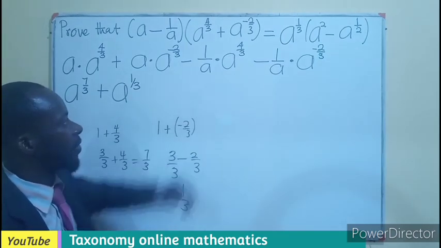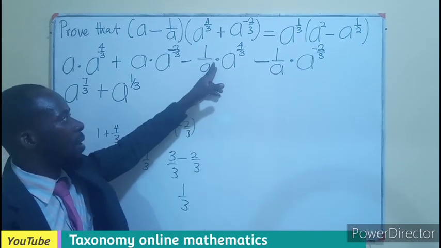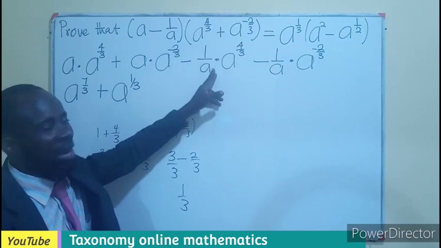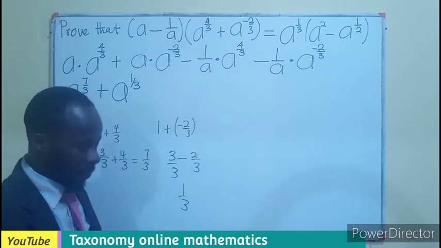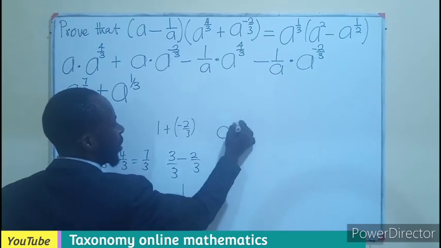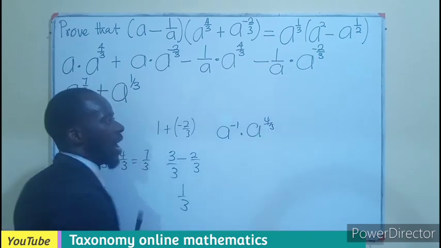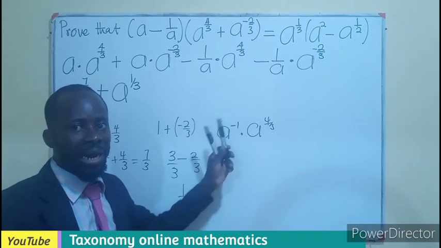Then we have minus. We can also see that there is a power of 1 here, but this is 1 over this. We can reciprocate this and negate the powers. So here can be written as a exponent negative 1 times a exponent 4 over 3. So we are going to add the powers regardless of the sign.